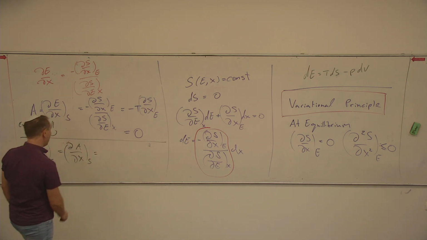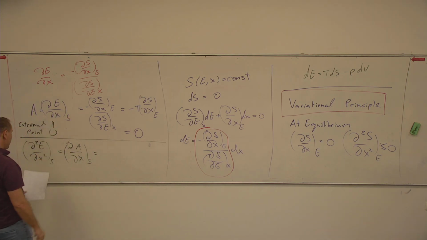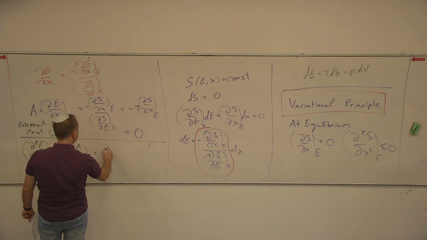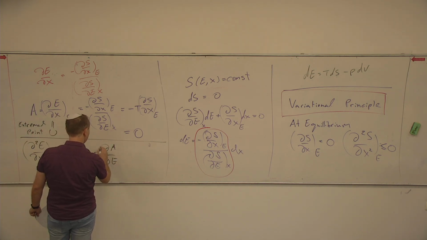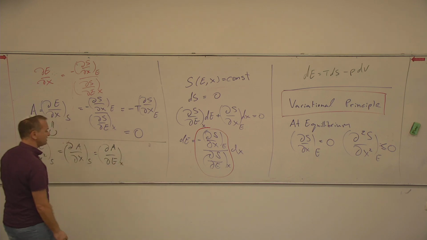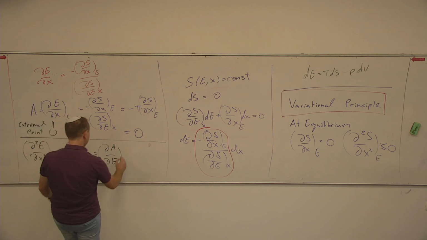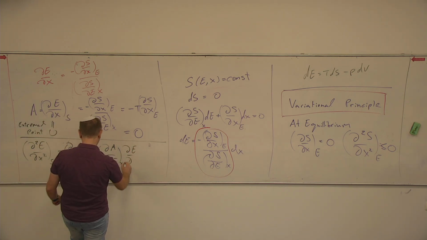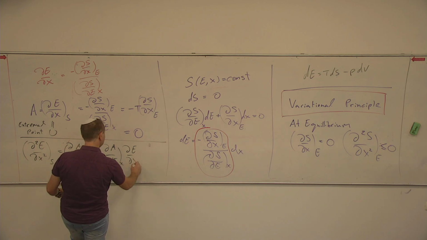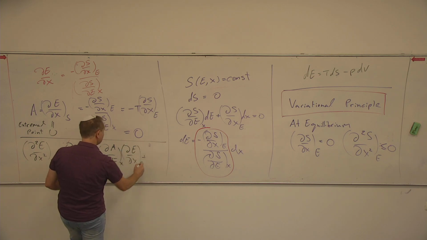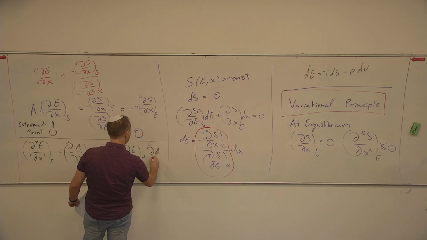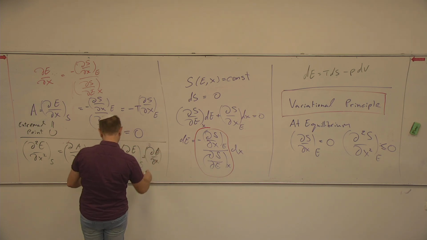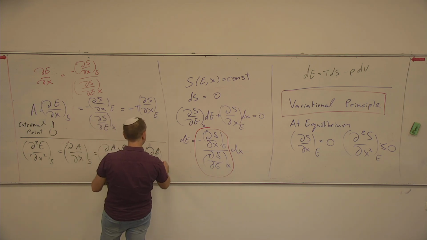I will write it down first: dA/dE with constant x, times dE/dx with constant S, plus dA/dx with constant E, times dx/dx.